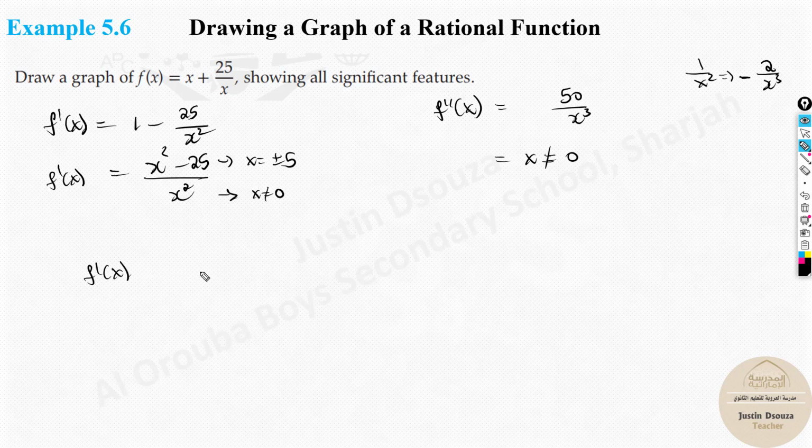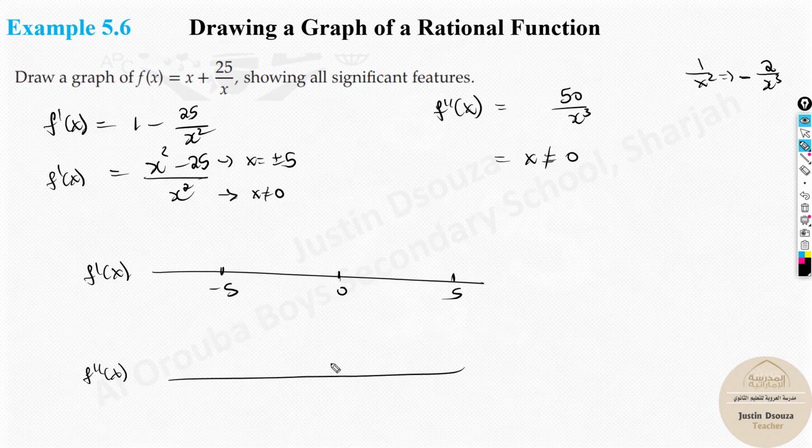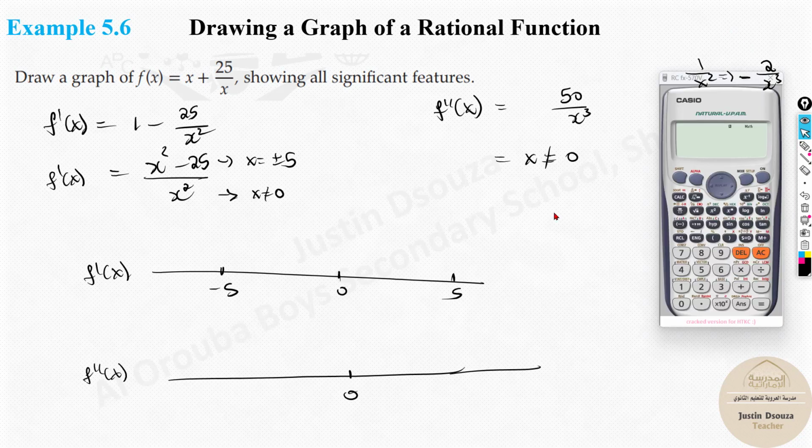F dash of x number line is with all these points, minus 5, always in ascending order, 0, plus 5, and f double dash of x number line is with only 0. Okay, you need to take test values now and check it out. So let's take out our calculators.